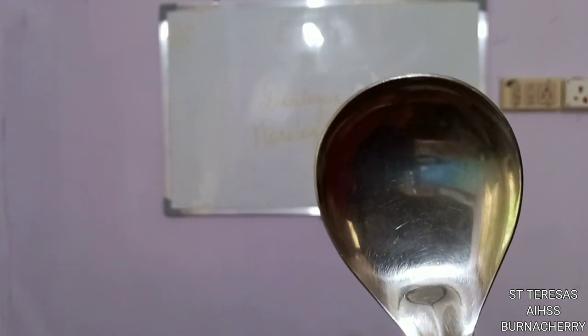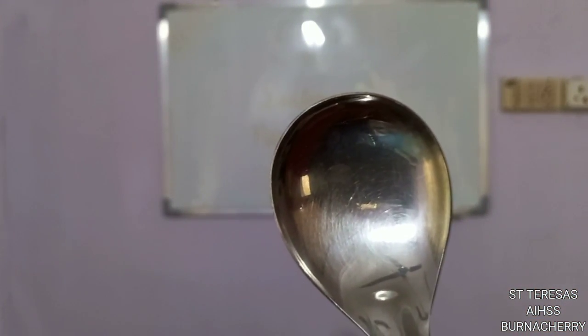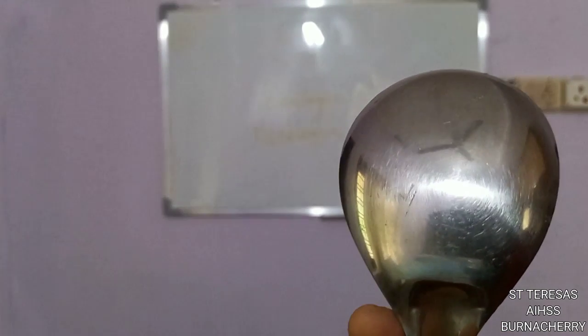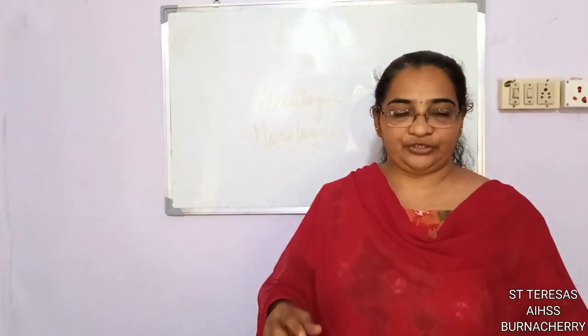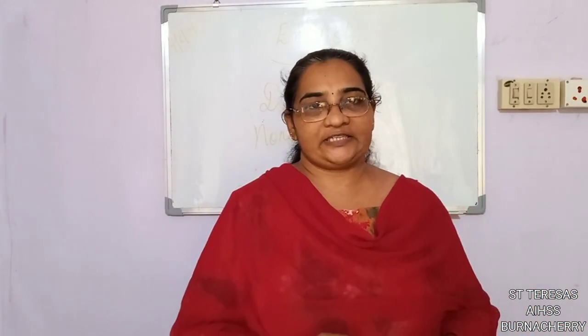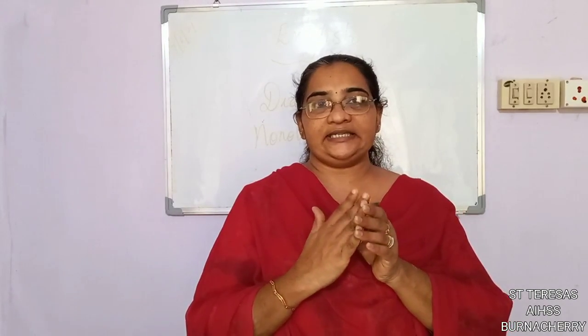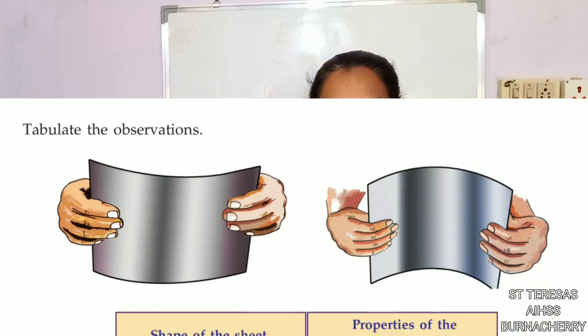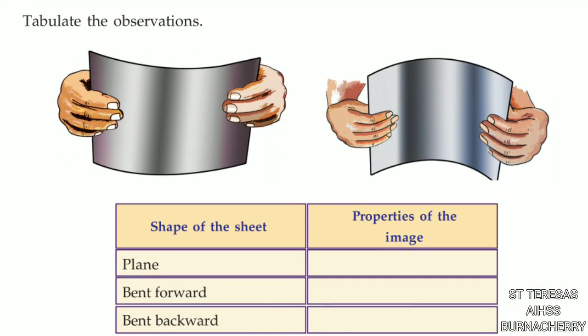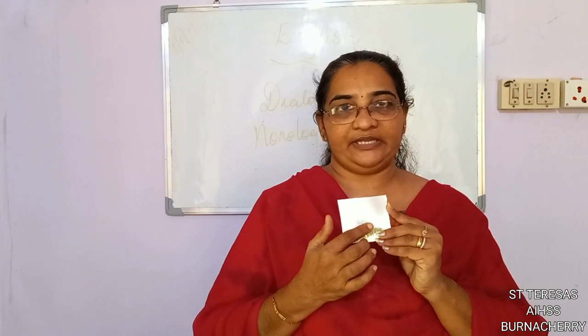If you have a spoon like this at home, please take a new spoon, look at it, and find out the difference between the images formed on a steel spoon. So I hope you have understood. To do that experiment more clearly, you can take a cardboard piece like this, stick silver decoration paper on top of that, and then there is an experiment given in your textbook. If you keep it like this, what is the image you can see here?